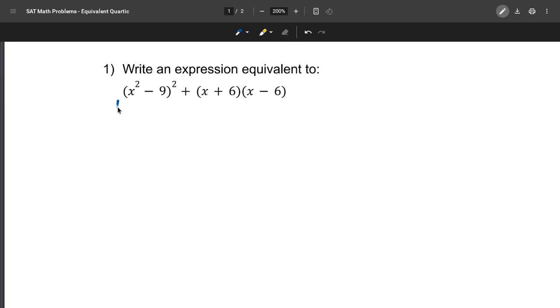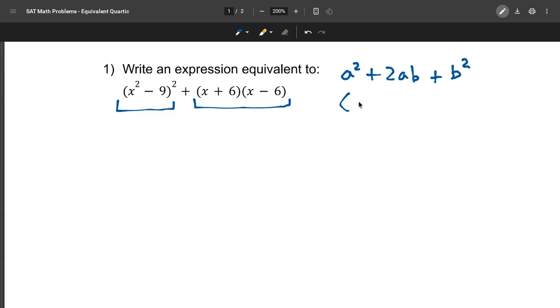Okay, so this part here is a factored form of what we call a perfect square trinomial. I'll get to that in a moment. And this is the factored form of difference of squares. So for a perfect square trinomial, the pattern is a squared plus 2ab plus b squared.